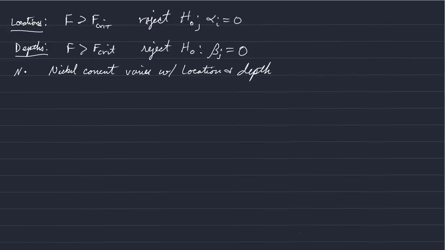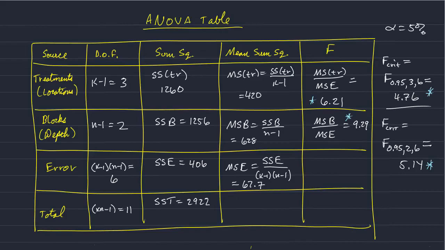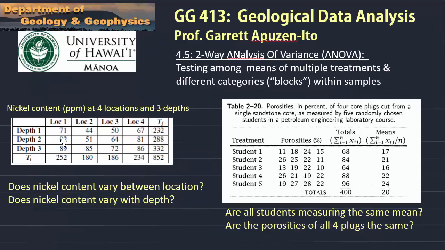That is, the mean nickel content varies. Okay, so that is an illustration of two-way analysis of variance, and I'm going to conclude with that.